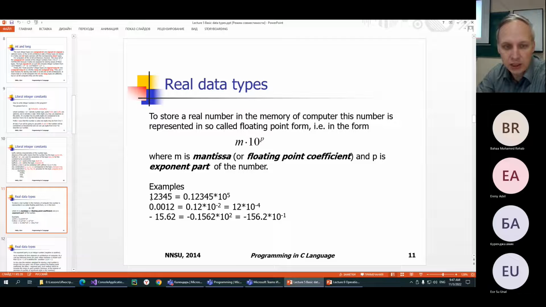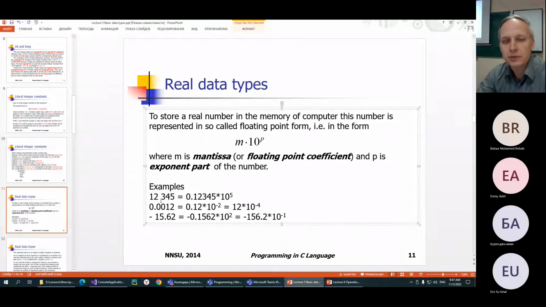Here I write several examples. For example, this number: 12 thousandths, 3 hundredths, and 45. How can I write it in this form? Very simple: 0.12345 times 10 power 5.